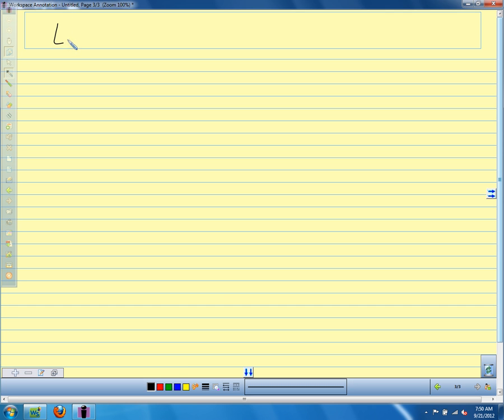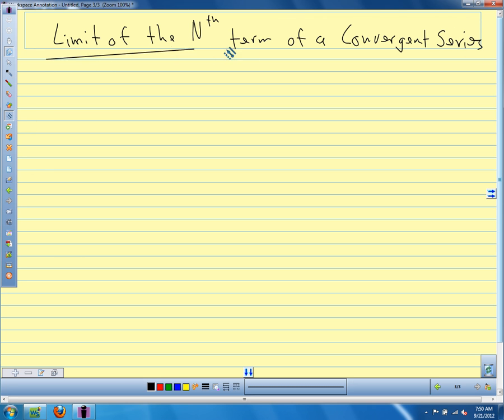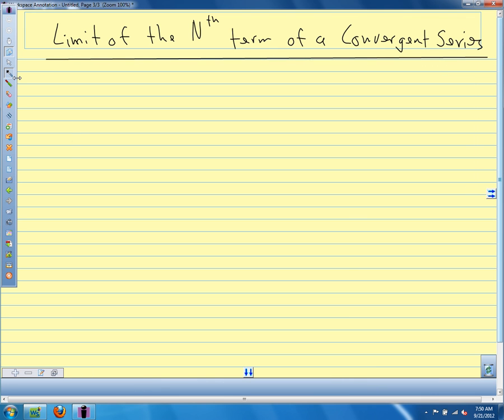First we want to talk about the limit of the nth term of a convergent series. So this is our theorem about the limit of the nth term. So we have a convergent series.